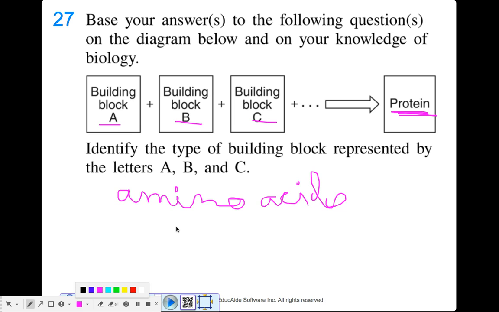One or two of you said carbon, hydrogen, oxygen, and nitrogen, which actually made me really happy, because you know those are the individual things that make up amino acids. But the building blocks themselves, are you really looking for amino acids? I gave credit for this answer because they are made up of carbon, hydrogen, oxygen, and nitrogen. But this is a better answer.